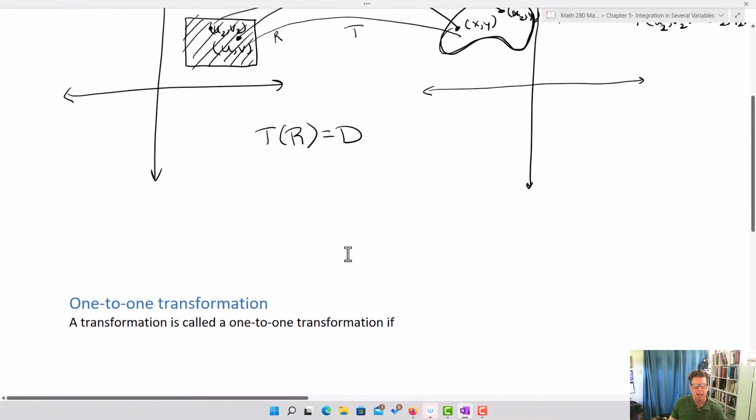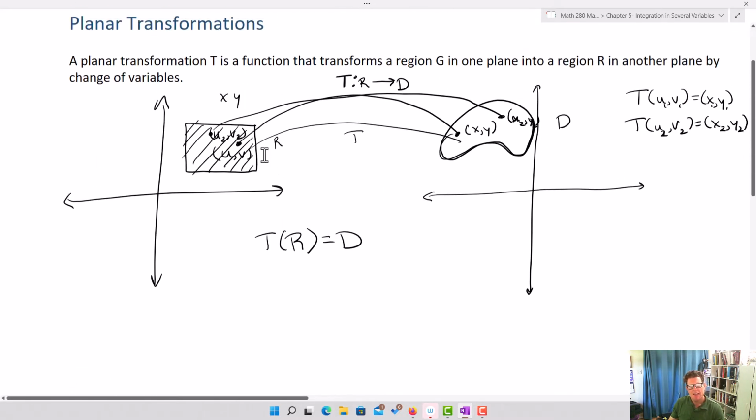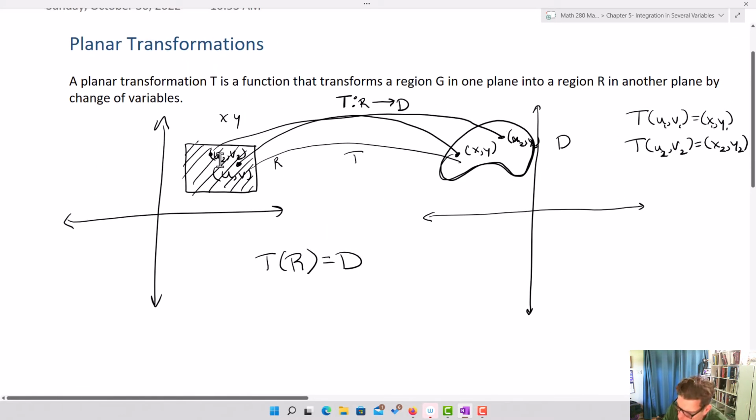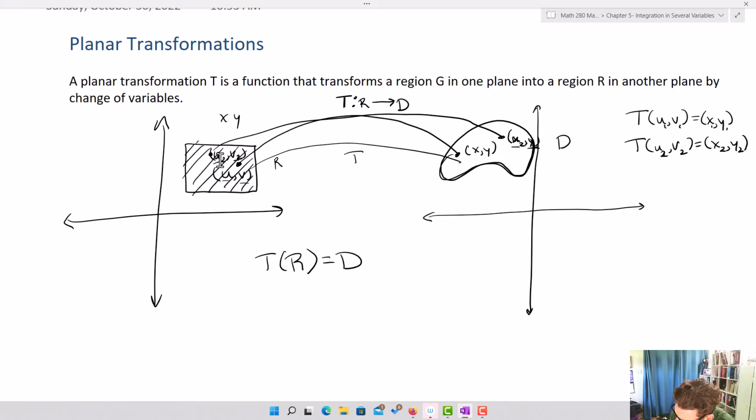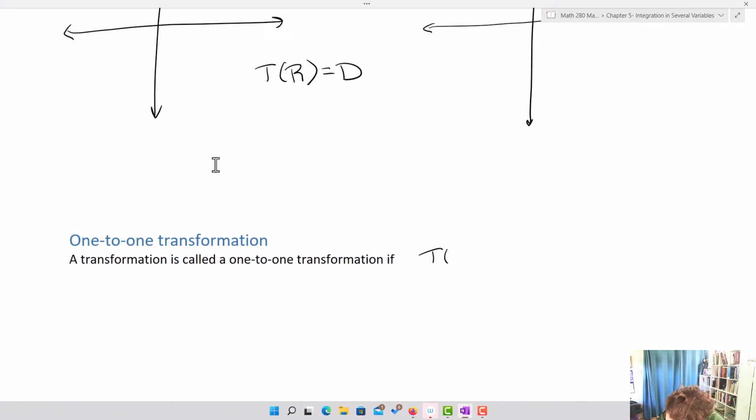So what we've got here is this thing called a one-to-one transformation. And this property here: I've got u2, v2 goes to x2, y2, uv goes to xy. And as long as, okay, if T of u1, v1 equals T of u2, v2, then u1, v1 actually equals u2, v2.